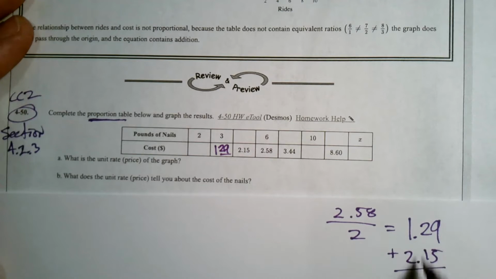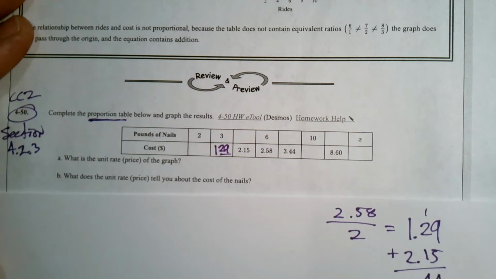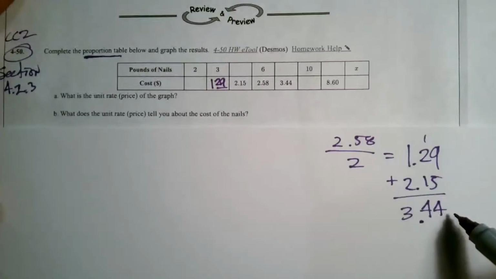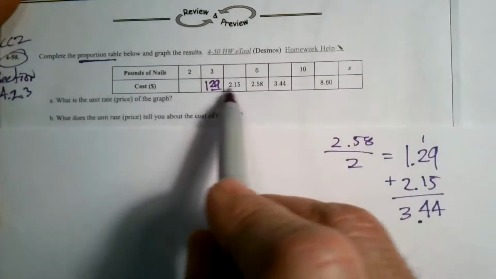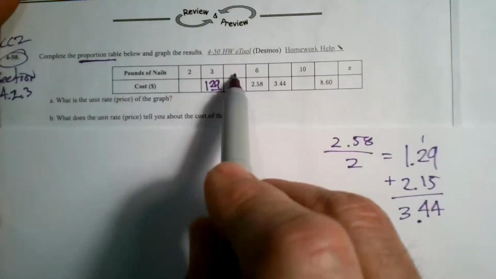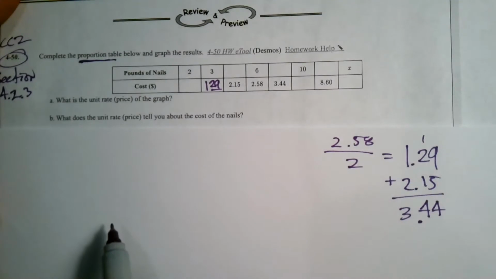That's 4, carry the 1, another 4, I get 344. So if I knew what this and this were, I could get to this one here. That's what that told me.